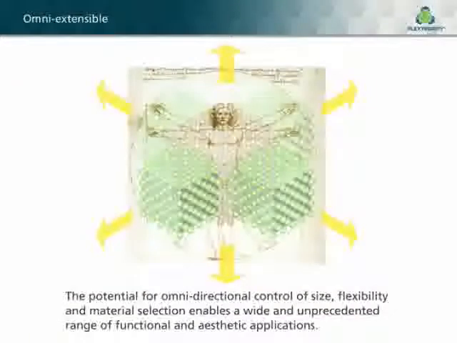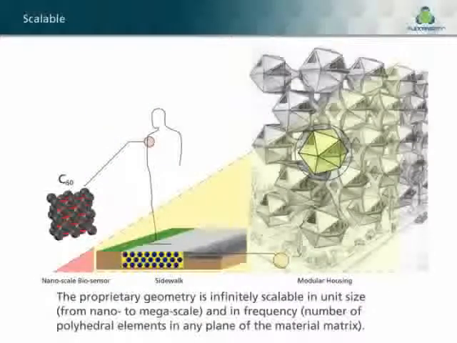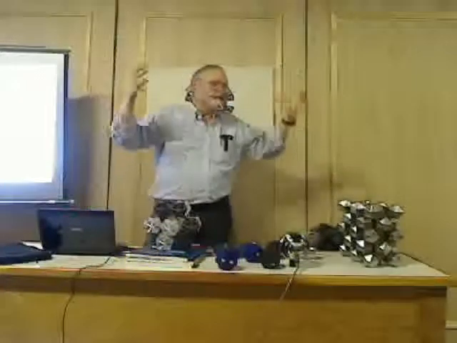Scalable, so here's a C60, the fullerene carbon-60 molecule, probably about 10 to the minus 7. You can put it into a sidewalk, or scale it up and put it into an apartment complex, and that has some natural advantages because then you can control the elastic properties of it. If you're in a seismic zone and the building is shaking, it's not going to break apart at the joints, it's just going to sway and resonate.